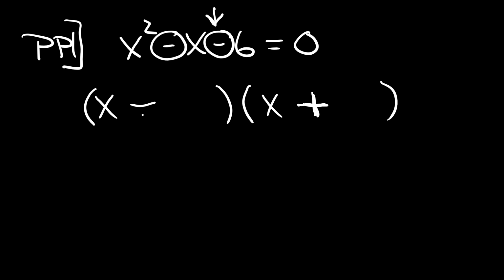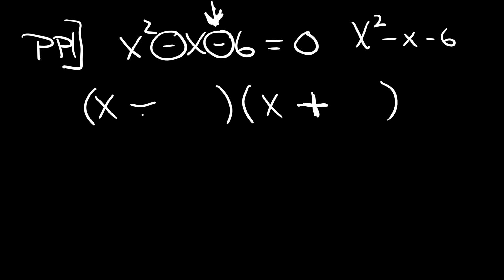Remember, my two signs have to equal what the sign would be for the constant in the quadratic function. Remember, this is x squared minus x minus 6. So in other words, a negative times a positive is going to be this negative here, when I do FOIL, the L in FOIL, the last terms, when I multiply them.